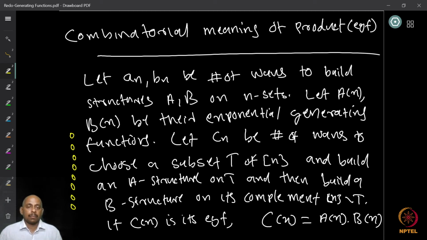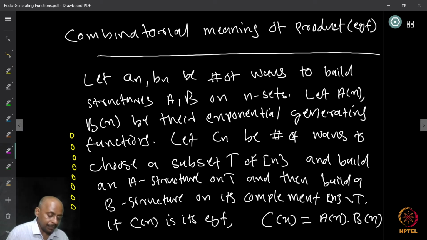What I want to do is choose some subset of this. Then I want to put a type A structure on it. So I'm choosing some subset, and on this set I'm going to put a type A structure.